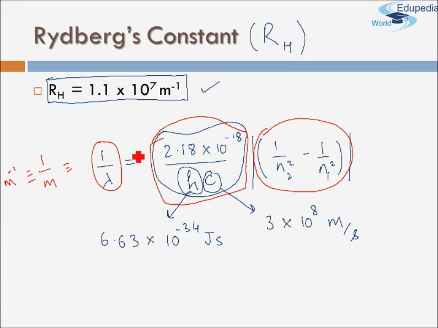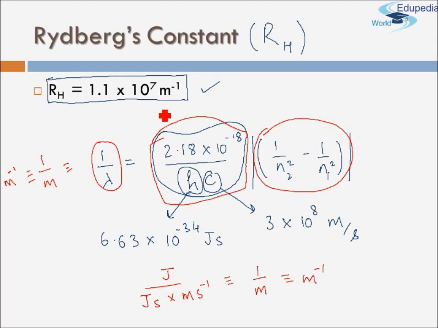You can also calculate it by substitution: the unit of 2.18 into 10 to the power minus 18 is joule, divided by Planck's constant, whose unit is joule second, multiplied with velocity of light, whose unit is meter per second. So this unit comes out to be 1 by m, that is meter inverse. So Rydberg's constant is 1.1 into 10 to the power 7 meter inverse.